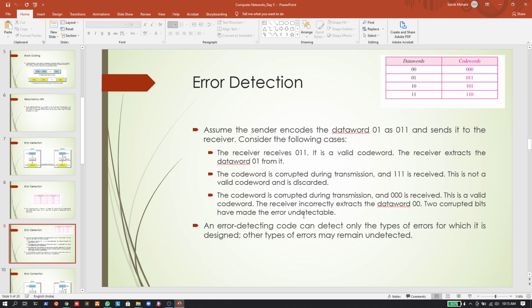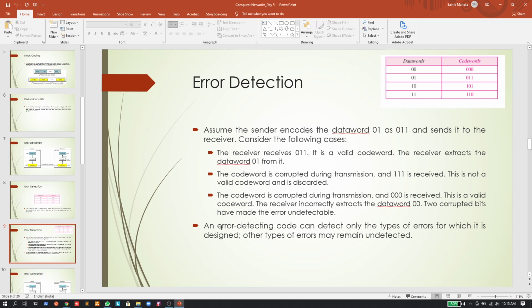Again, using some algorithms and methods for error detection and correction, we can say that this algorithm can detect single-bit errors, this algorithm can detect 2-bit errors, this one can detect 3-bit errors, and so on. We will see in the examples that if I use this algorithm, I will be able to detect this many errors. In this example, if there are 2 errors, this method will be unable to detect the error.